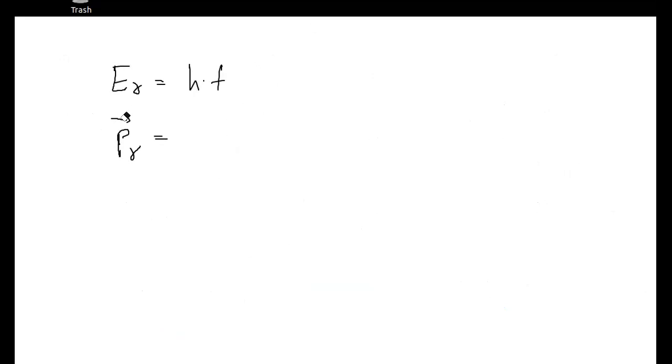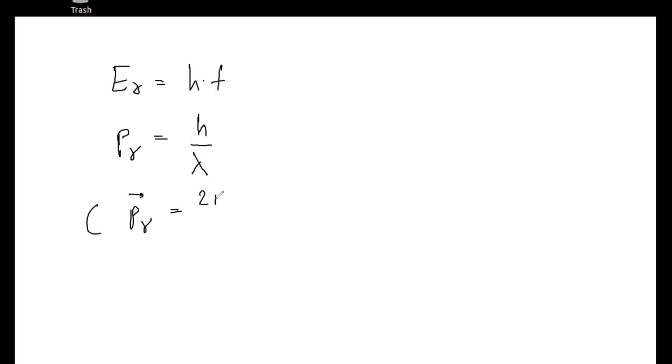But I'm going to start with just the magnitude of this. And as a magnitude, I would use the same Planck constant over the wavelength. In reality, if I have to look at this as a vector, then lambda has no direction. What has direction is a wave vector.